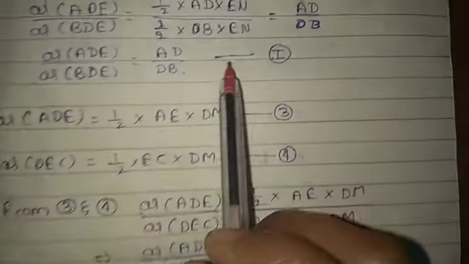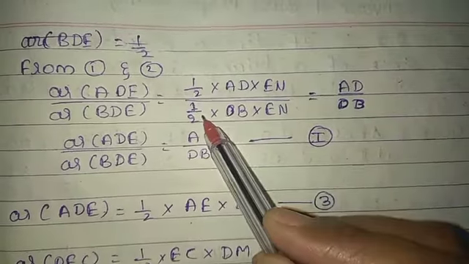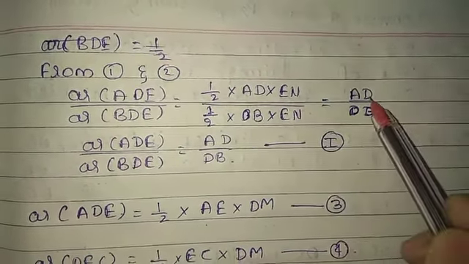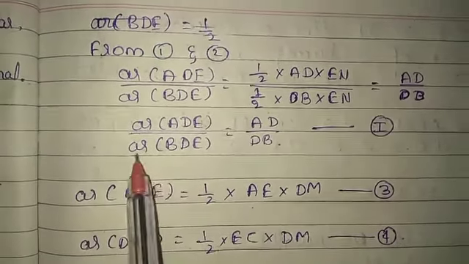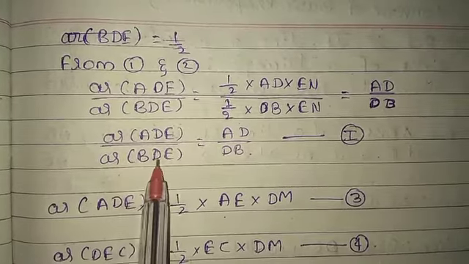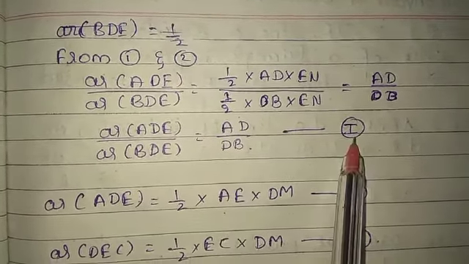The half cancels and EN cancels. Remaining is AD divided by DB. So area of ADE divided by area of BDE is AD divided by BD. This is our equation 1.